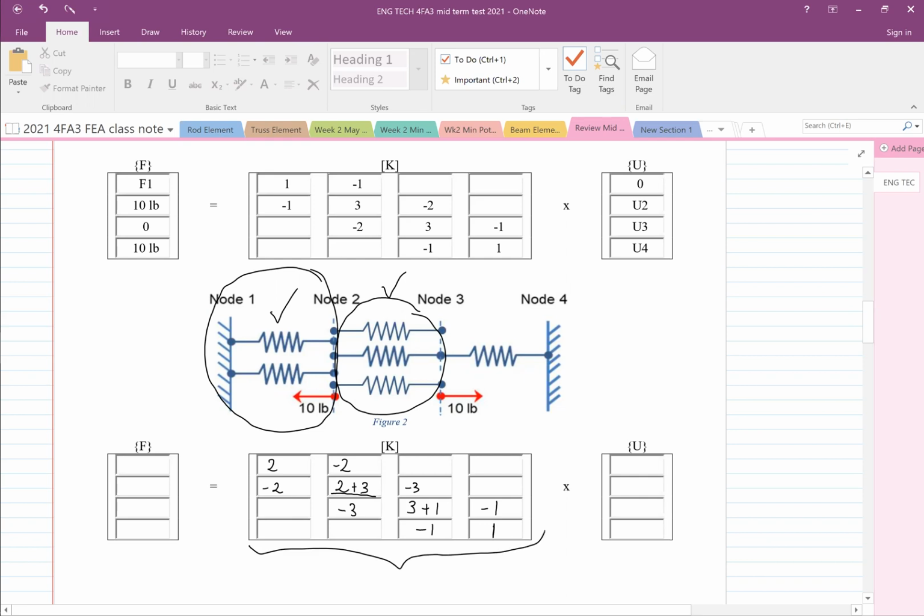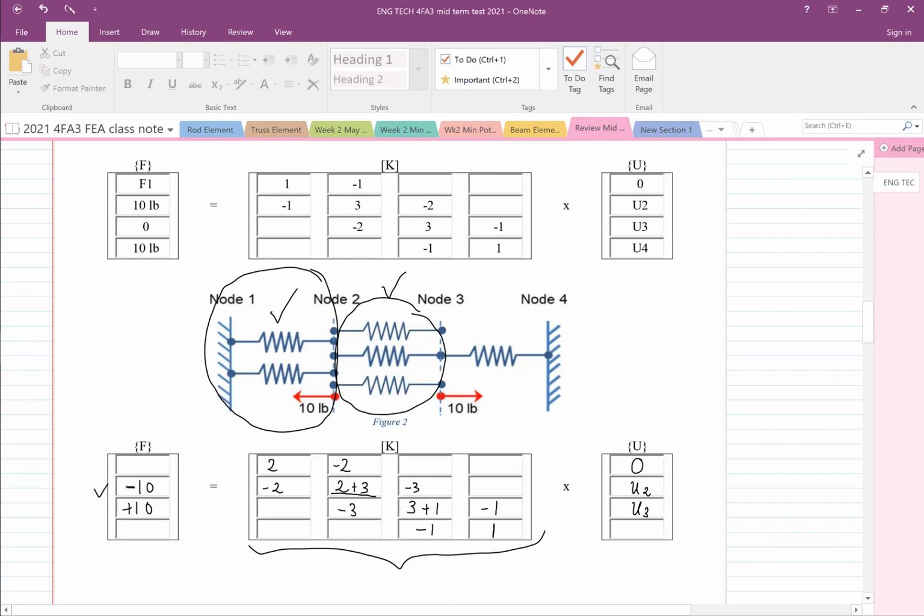The stiffness matrix is done. Now we apply the boundary conditions. Node 1 is not doing anything. It's locked. At node 2, there will be 10 pounds to the left. By the way, we write down the applied force, 10 pounds. So there will be a displacement. Node 3, there will be a displacement as well because there's 10 pounds to the right. Remember, always give me the sign.